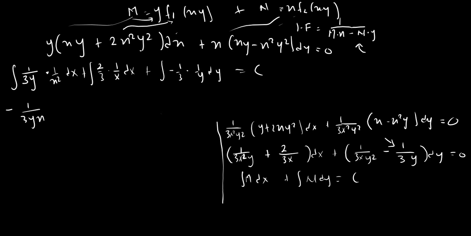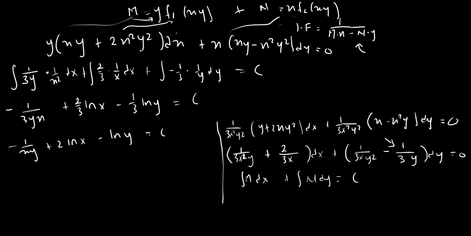Then we have plus 2 over 3 ln x, then minus 1 over 3 ln y is equal to c. Now we can see that we have 3 as the denominator in every single coefficient, so we're going to multiply through by 3. We have negative 1 over xy plus 2 ln x minus ln y is equal to c.